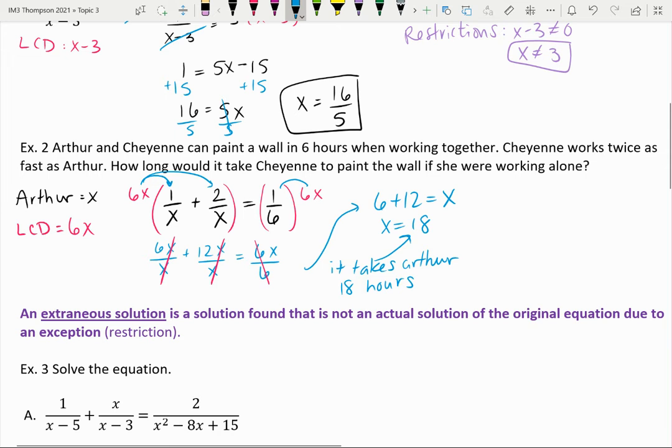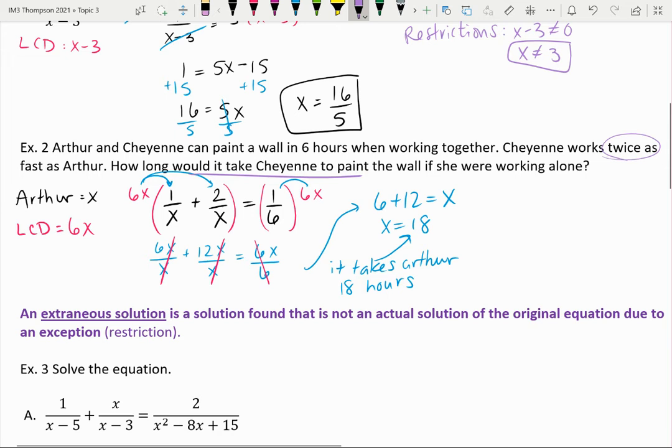The x equals 18 means that it takes Arthur 18 hours. That means that he completes 1/18 of the wall in an hour. The question asks, how long would it take Cheyenne? Cheyenne works twice as fast. So if it takes Arthur 18 hours, that's a really long time. That's a big wall.